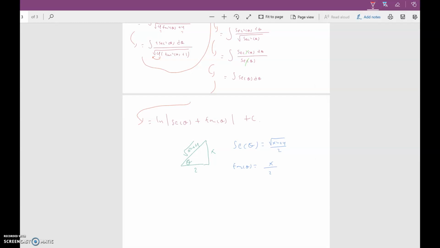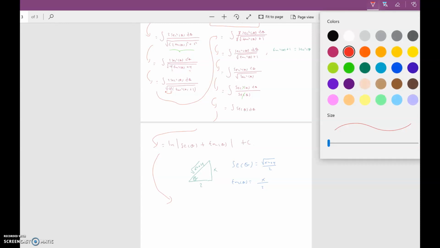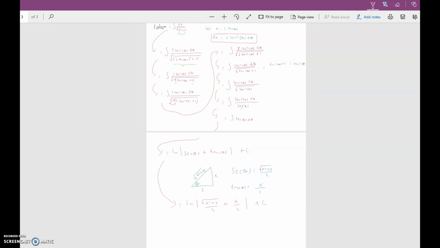Okay, and then your final answer is going to be for us to express the actual problem back with the original variable. So in this case, we would end up with this being the ln of the absolute value of the square root of x squared plus 4 divided by 2, plus the tangent, this is an x divided by 2, plus c. So that's a perfectly fine answer.